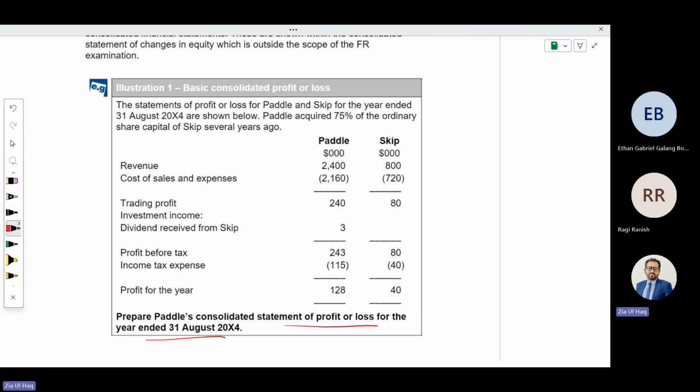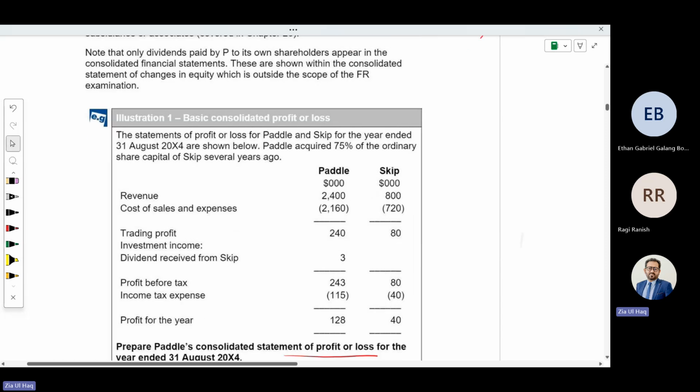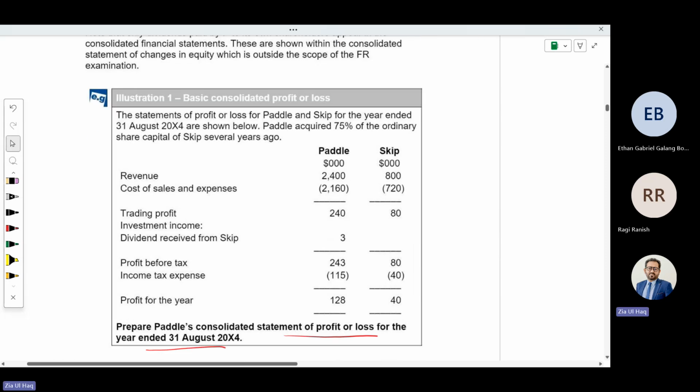So what we need to do, there is no other information. Revenue, we will add both and we will record 3,200. Cost of sale, we will add both and we will record 2,880. By deducting this from this, what will be the gross profit? 320.